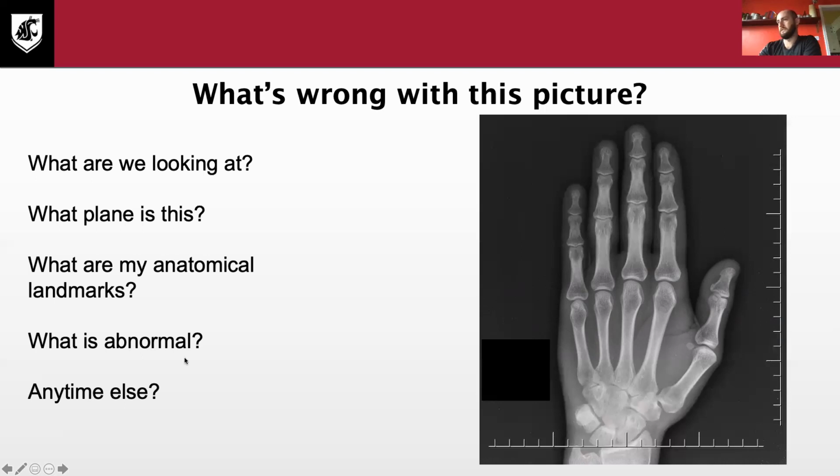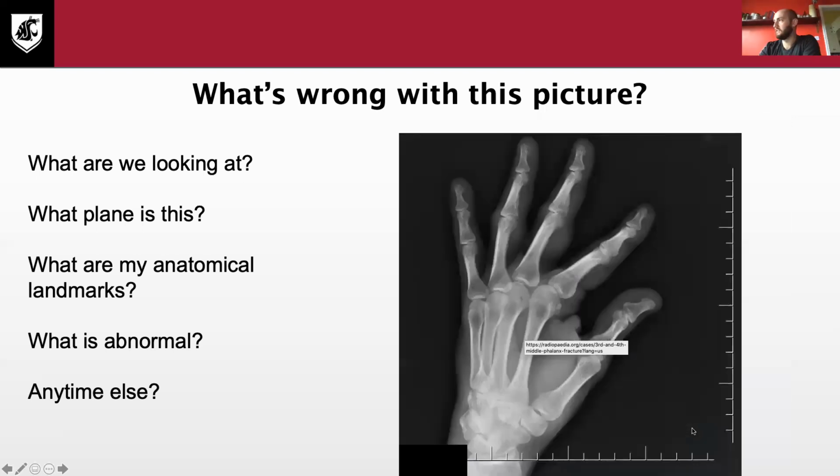What's abnormal with this image? This is tough. There's actually nothing you can see wrong with this image. And so what we did is we took an oblique view, which means it's just not really in one of the 3 planes that we talked about.